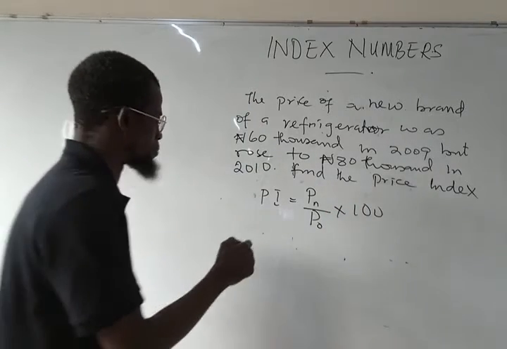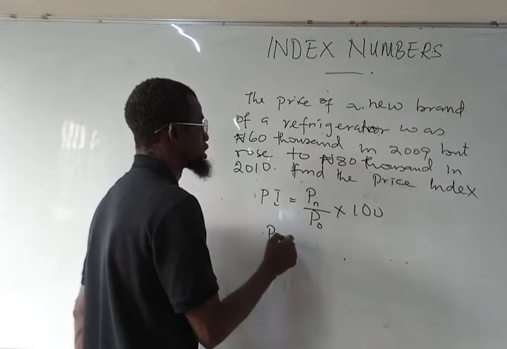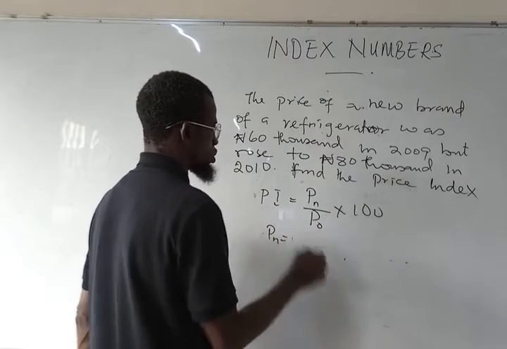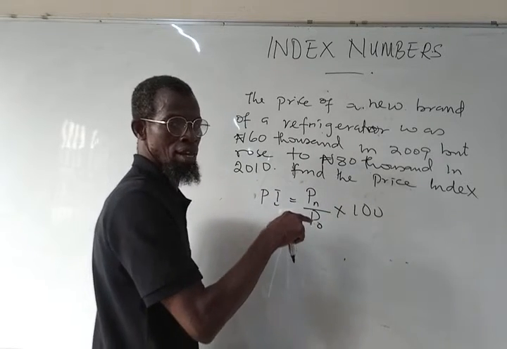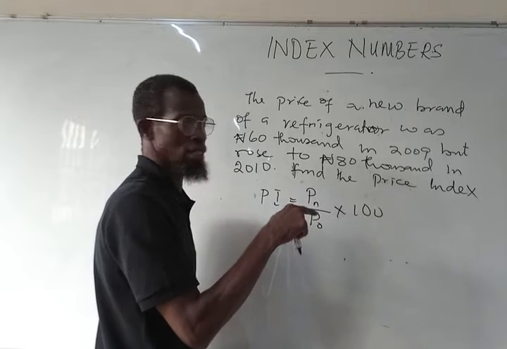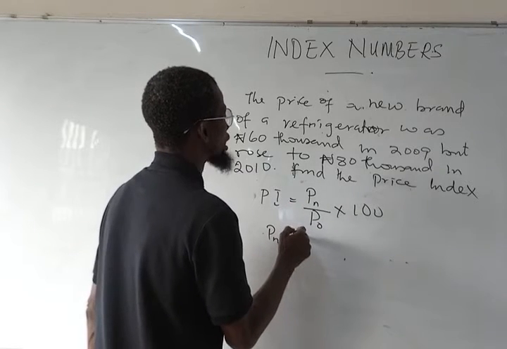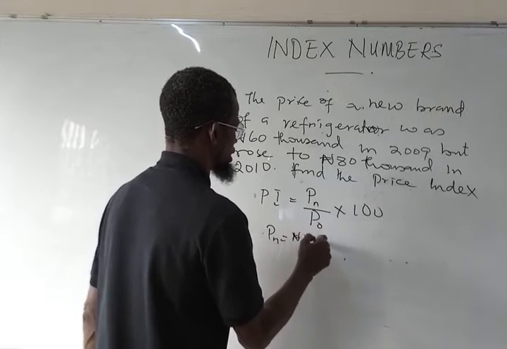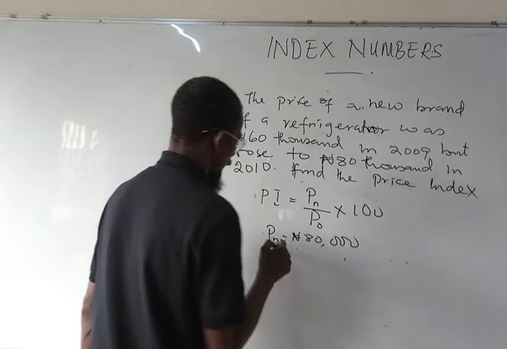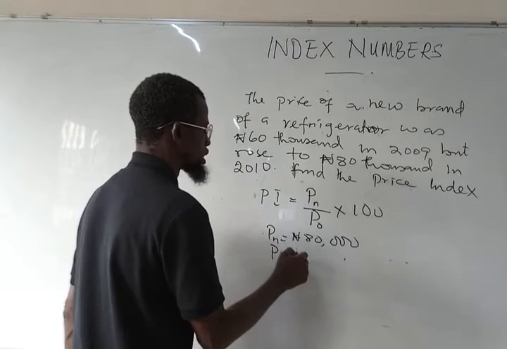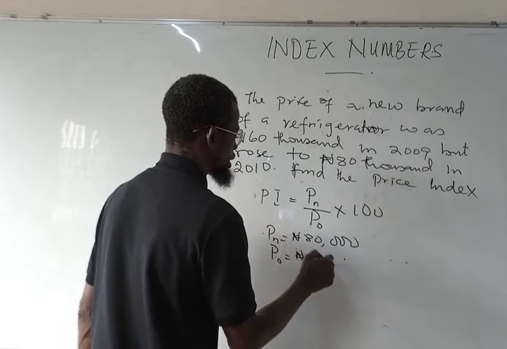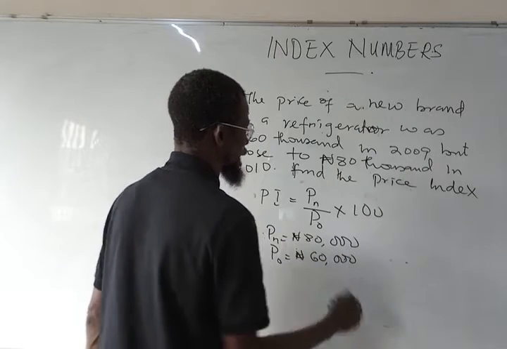Our PN is the current year, which is given as 80,000, and our P0 is 60,000, which is referred to as our base year.